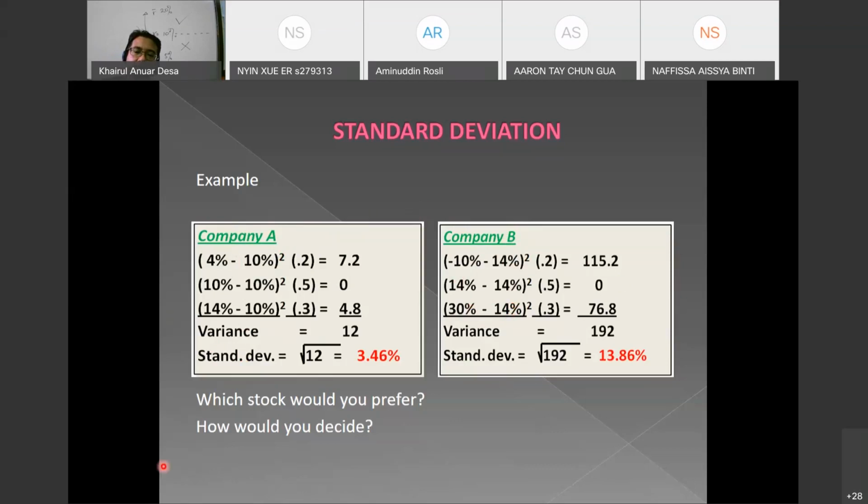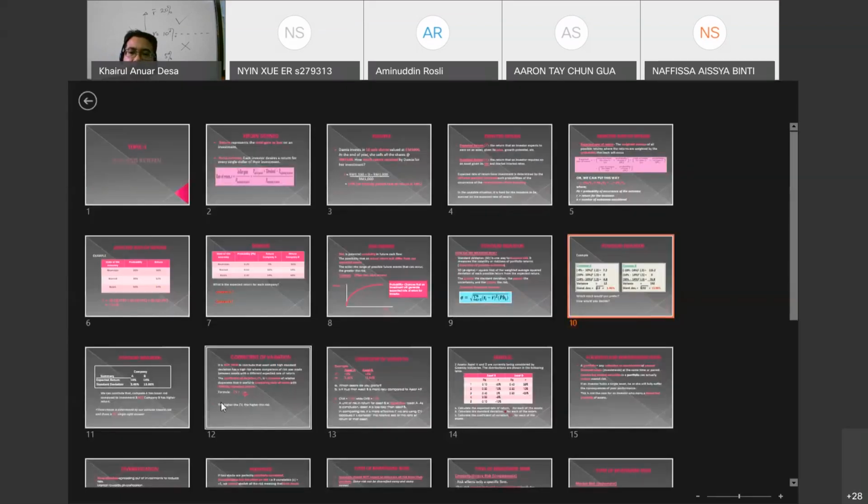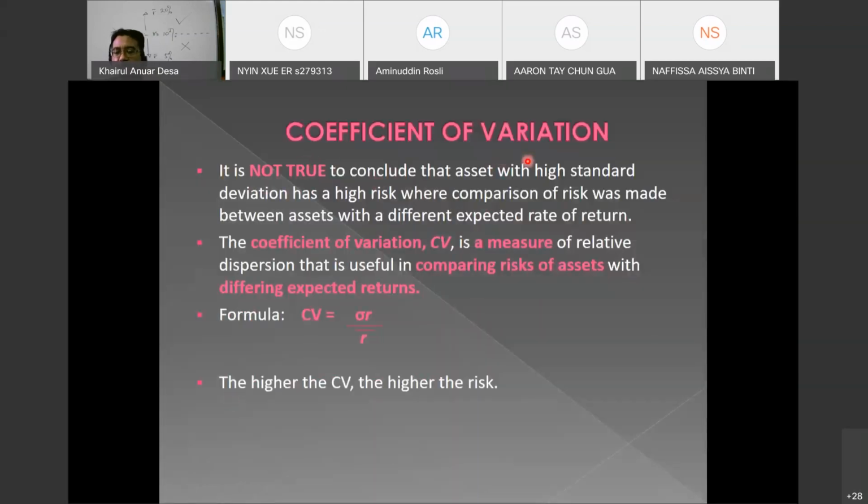Kita menggunakan apa yang kita sebut sebagai coefficient of variance. Coefficient of variance is used to measure the relative dispersion that is useful to compare risk of assets with different expected rate of return.